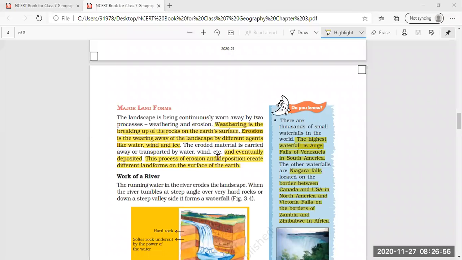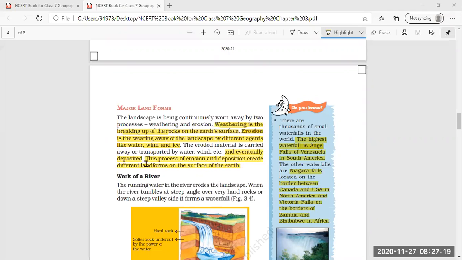So when the eroded material, means the upper layer of the landscape, is carried away by the agents of erosion, that is water, wind, and ice, then it is transported to other places.